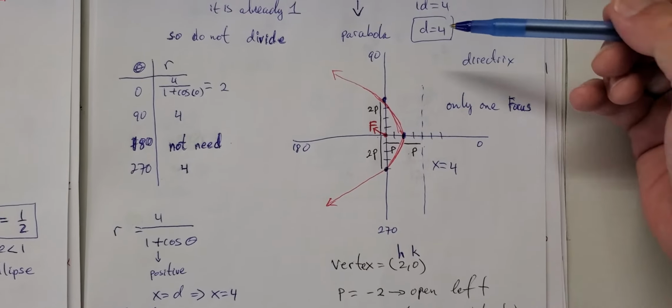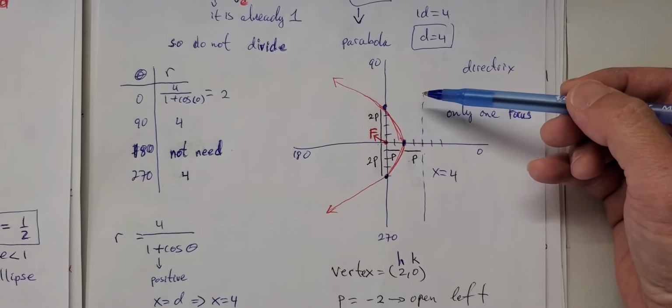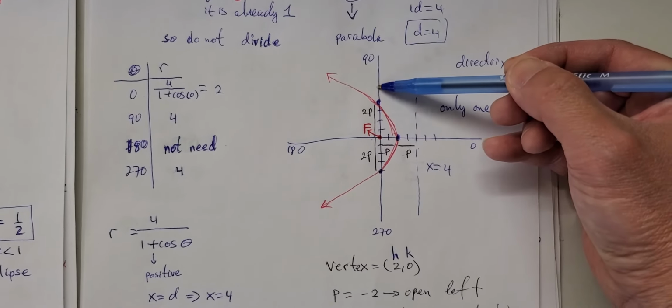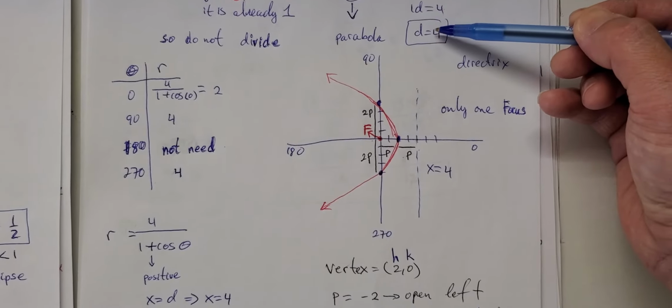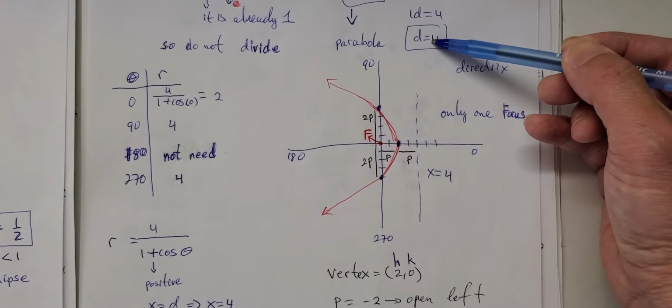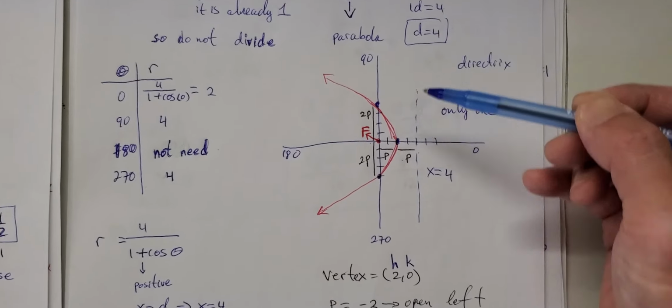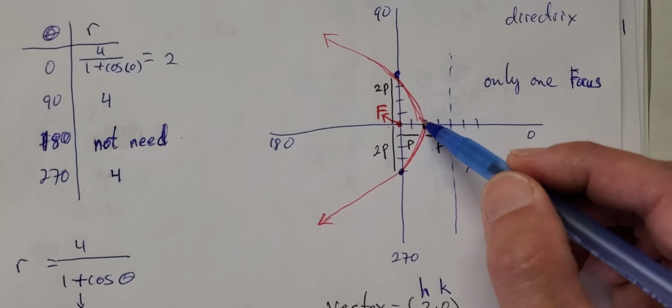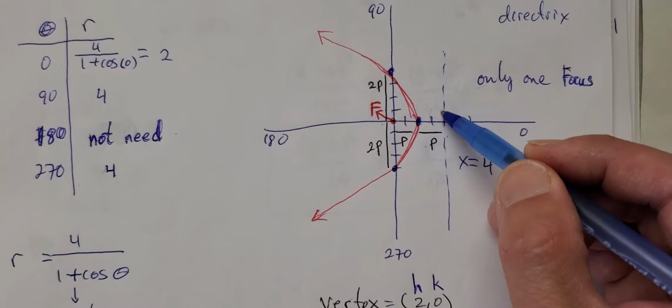One more time: the distance from the directrix to the pole is 4, but p is half of this, so just divide by 2. There it is, 2 units.